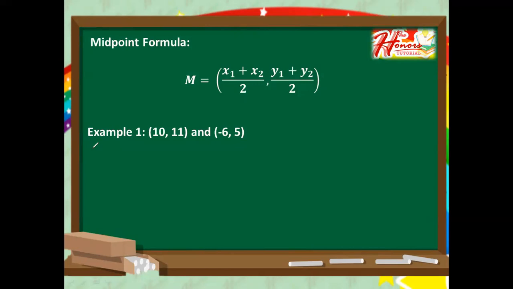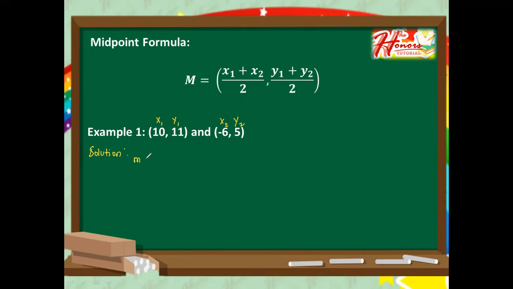So let's have our solution. Remember that this is x sub 1, this is y sub 1, this is x sub 2, this is y sub 2. Now let's substitute.